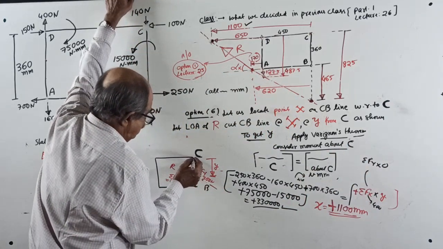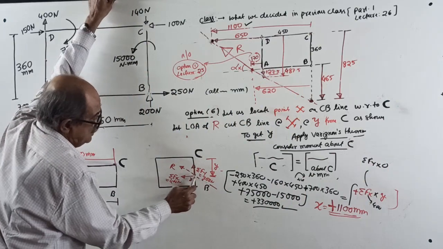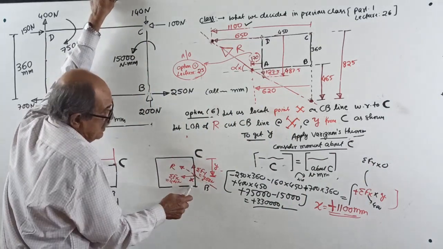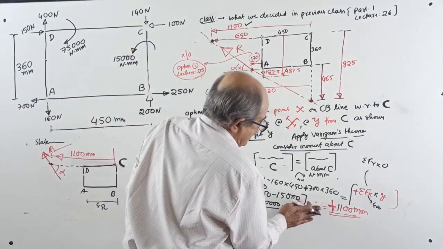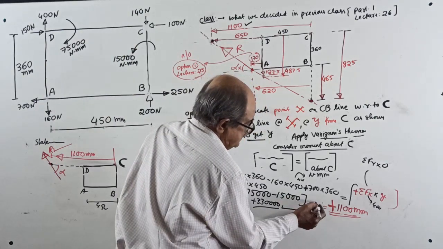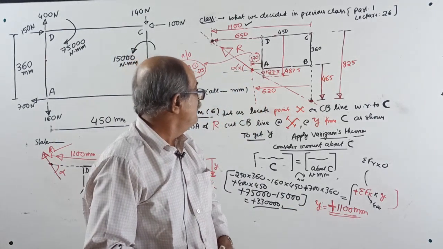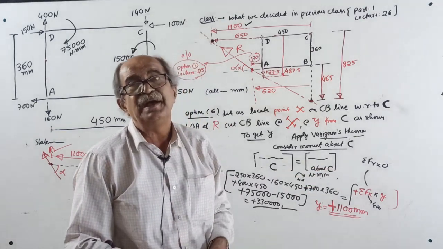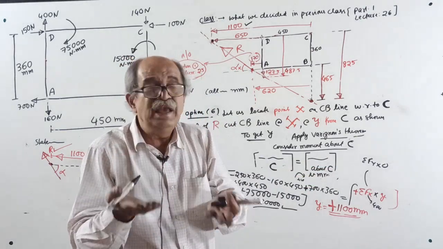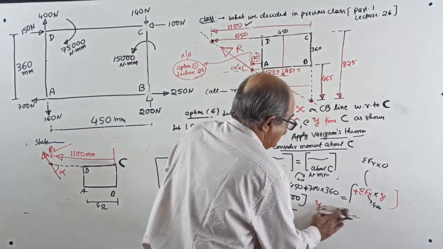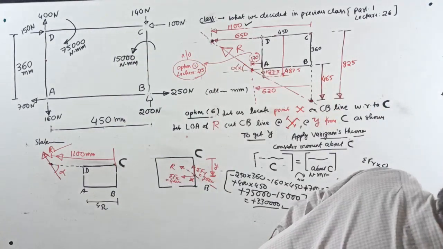When you take moment about this point, sigma Fx into Y clockwise, sigma Fy into 0, your Y will come. When I am changing the numbers this way, in case something from the previous point still remains there, make the correction. I am explaining everything in words. I will calculate now.